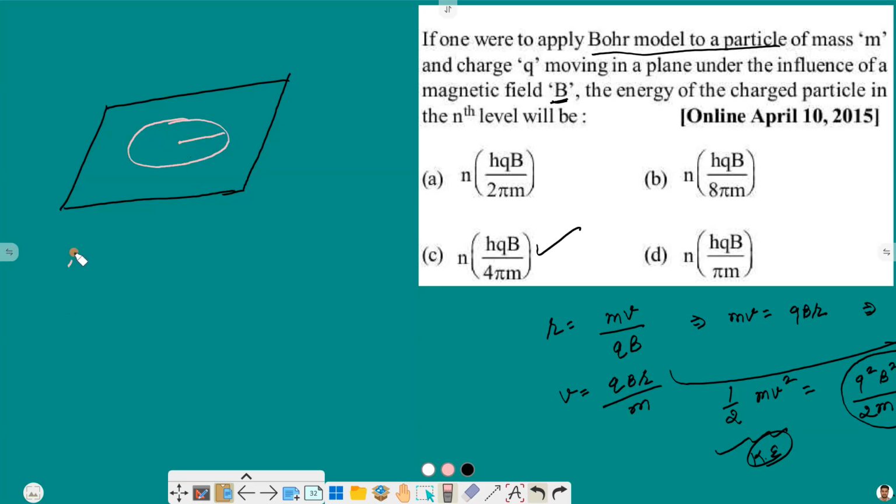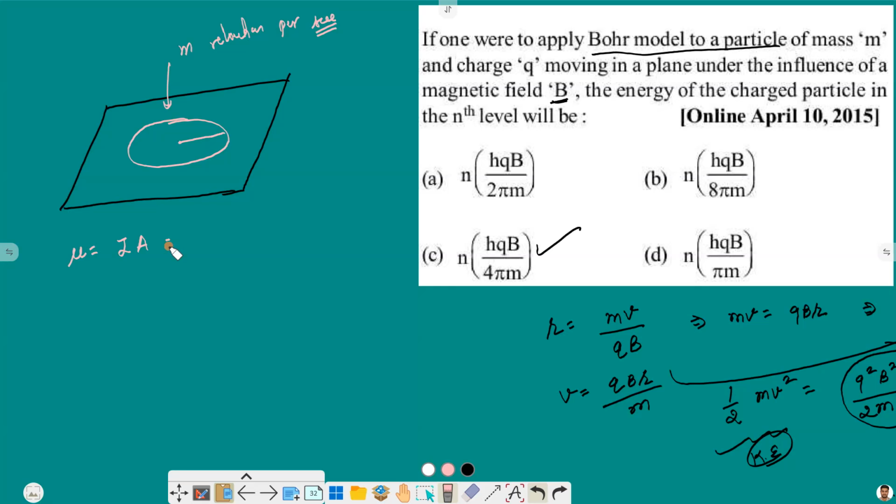So first of all, magnetic moment is I into A, current into area. If it is moving in the nth level, it will be taking m revolutions per second.